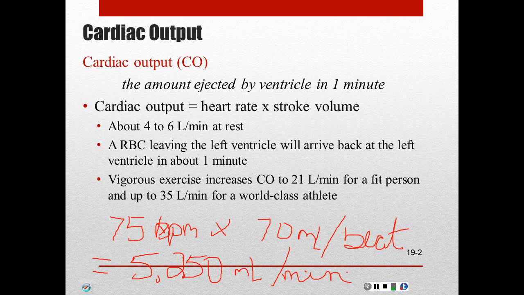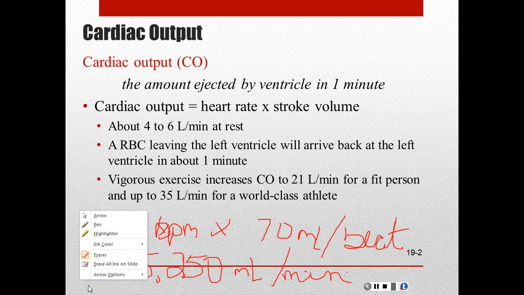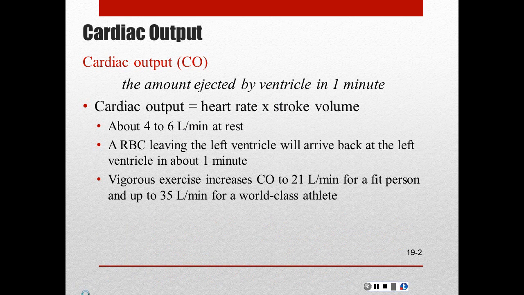But if I ask you what is the stroke volume, and I give you the cardiac output and the heart rate, what do you think you would do? You have cardiac output divided by our heart rate. That will give you our stroke volume.